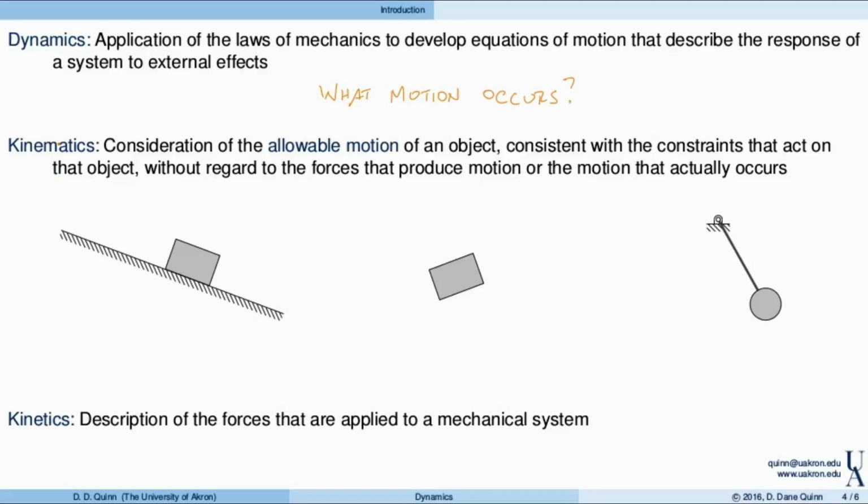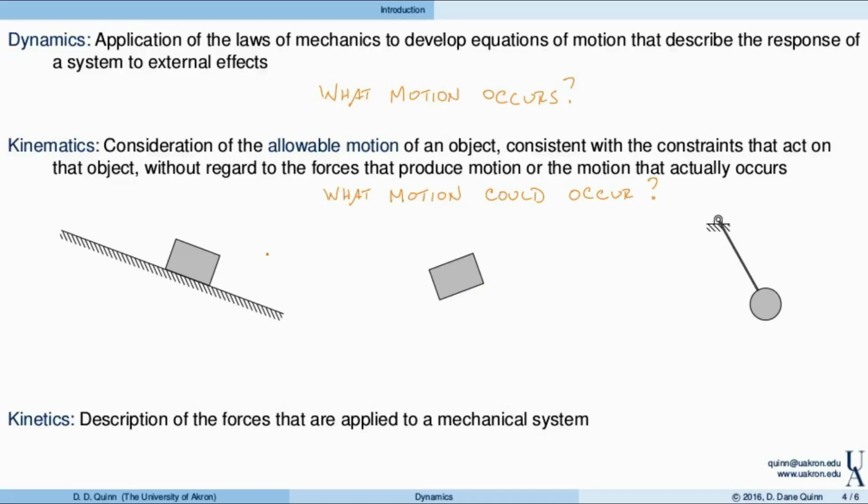Kinematics is not concerned with what actually happens. Kinematics is concerned with what motion could occur. So again, dynamics is about what motion occurs. Kinematics starts off by asking what motion could occur.